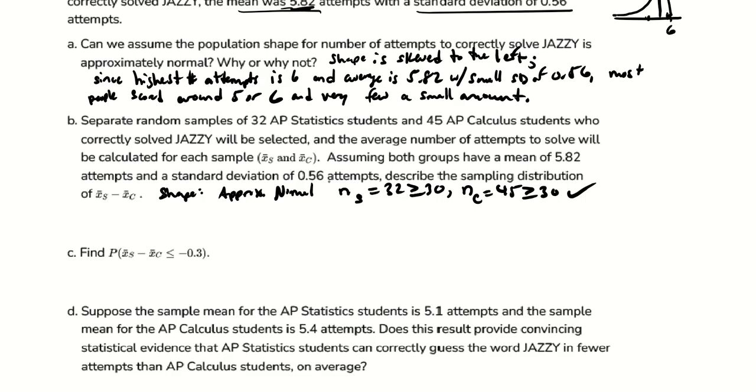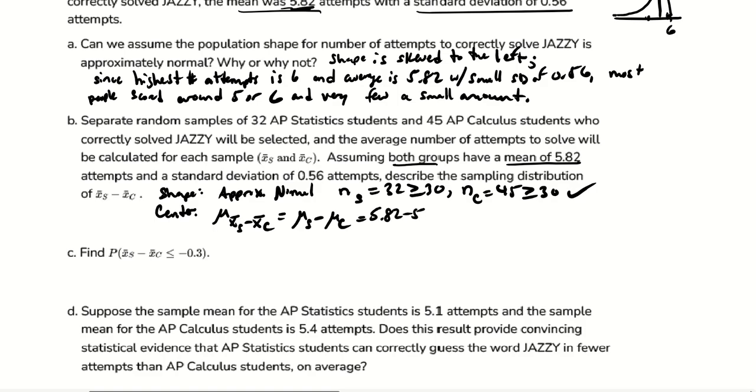Okay, and then the center, mu of X bar S minus X bar C is mu S minus mu C, which should be 0, because it says you're assuming that they both have 5.82. So the difference should just be 0. They both have a standard deviation of 0.56. So let's do the variability.